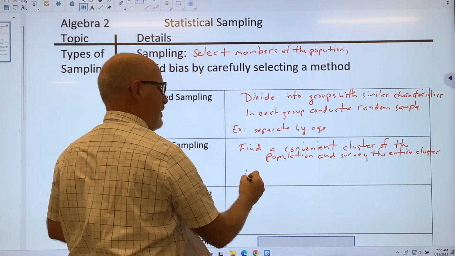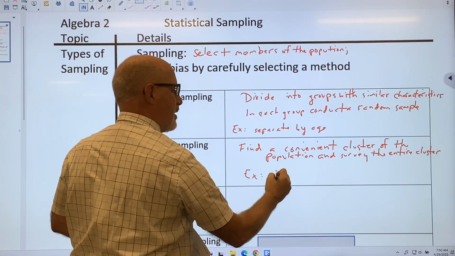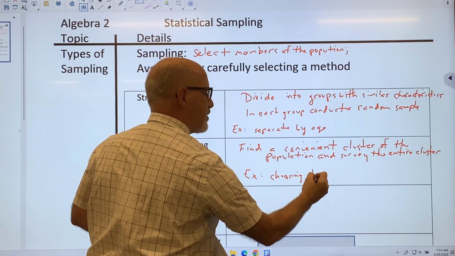So an example of this would be choosing classrooms at a school.